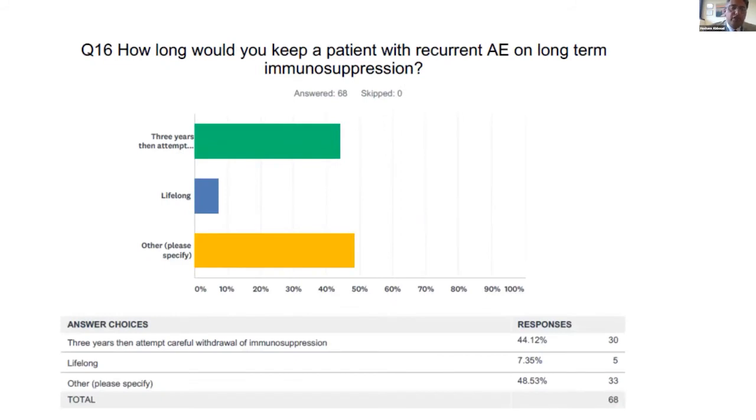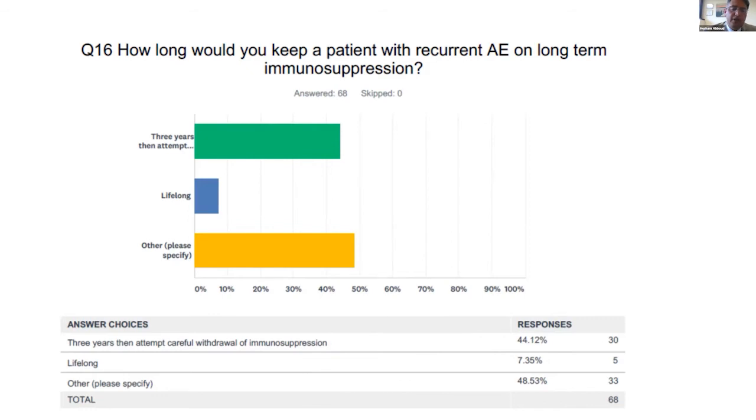As for the duration of long-term immunosuppressive therapy, again, lifelong immunosuppression was only chosen by 7% of the members. It's not popular because this condition is not known to be highly recurrent. Autoimmune encephalitis is monophasic in most patients, at least based on the available evidence that we have currently.